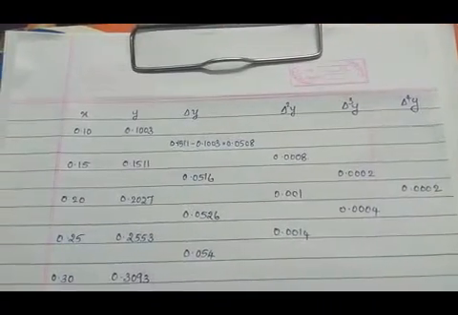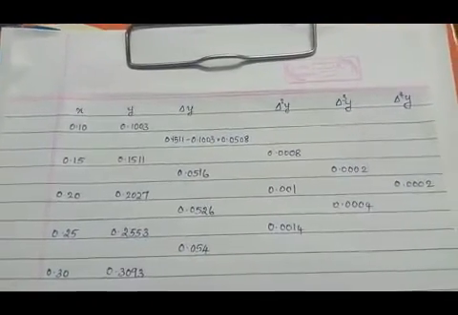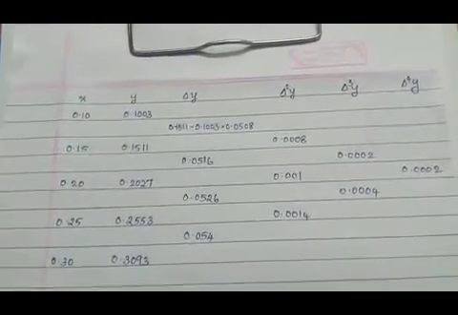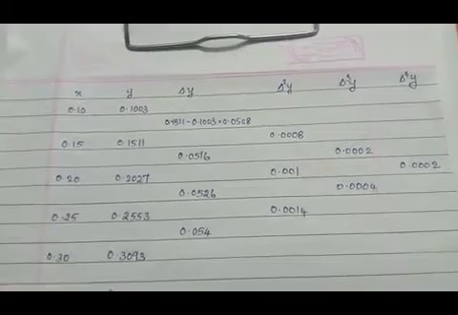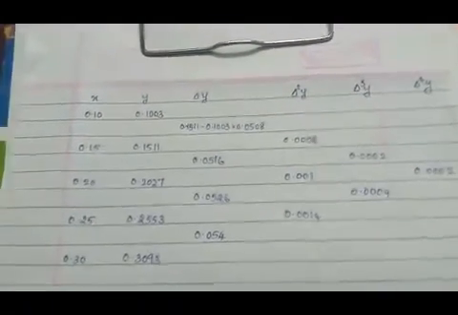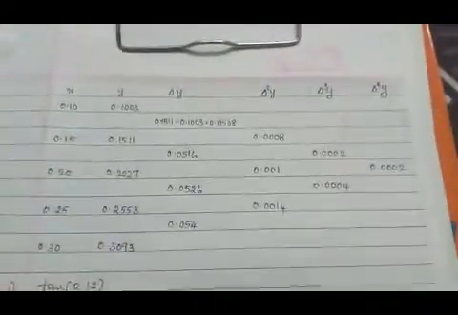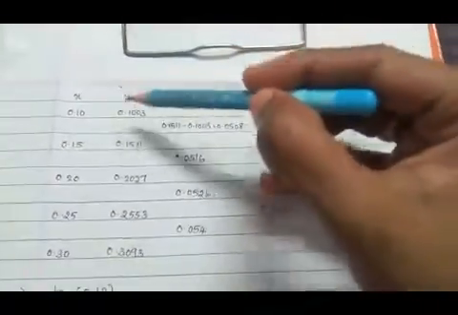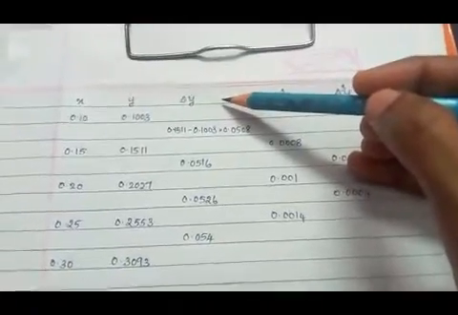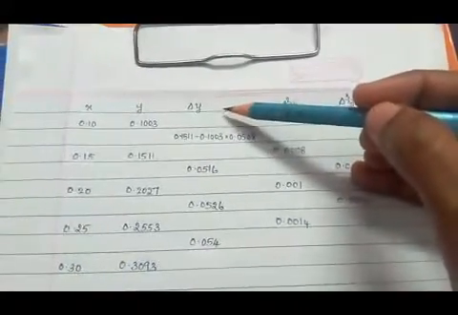The table headings of the difference table are: first you have to write the arguments, that is the x values, then the entries, that is the y values, and the differences. So after writing the x values and y values, first we have to find the first forward or backward difference.